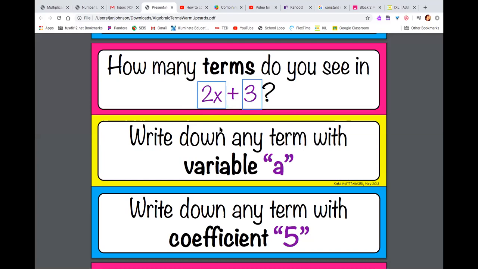Okay. And now you guys in the chat box, write down any term with the variable a. So now you make up your own with a. I want to see what you guys can come up with. Any term. So we'll have 2x is a term. You write your own, but we're using the letter a.